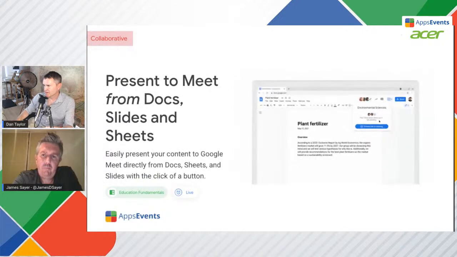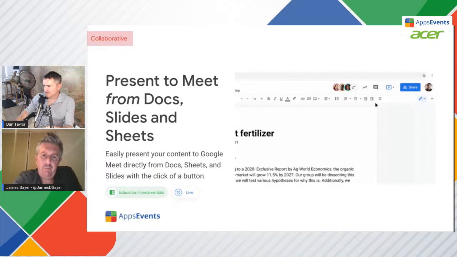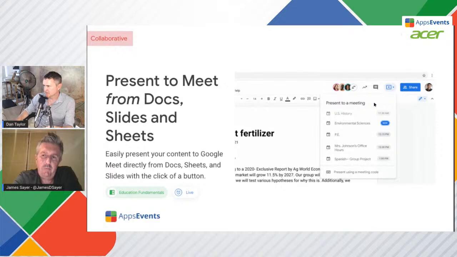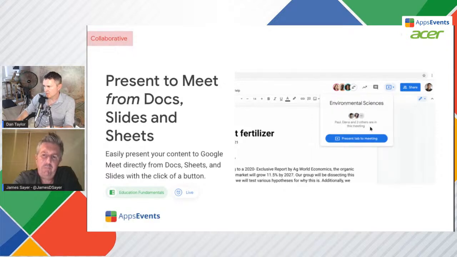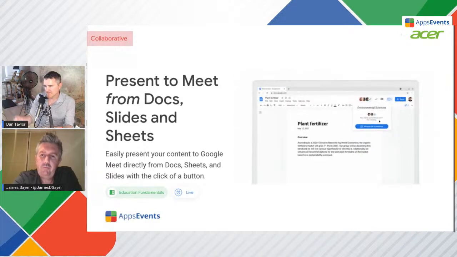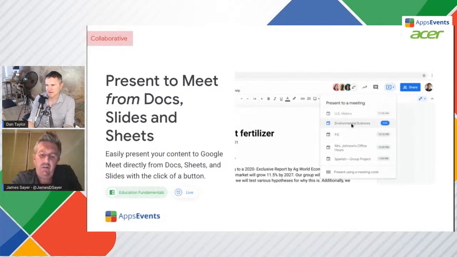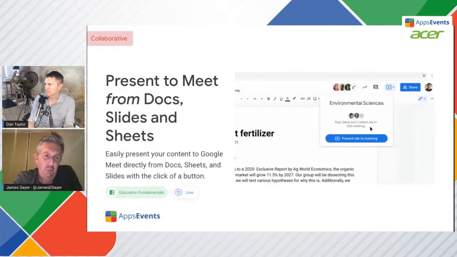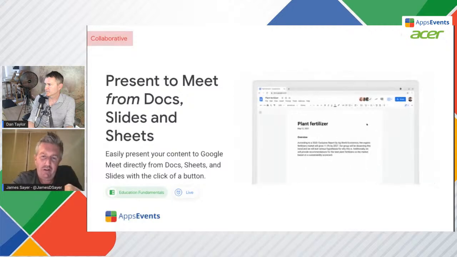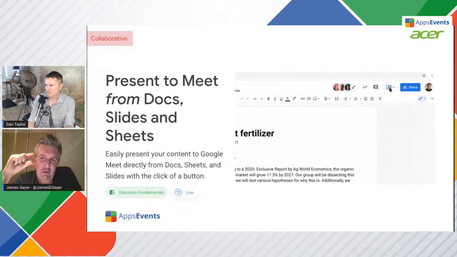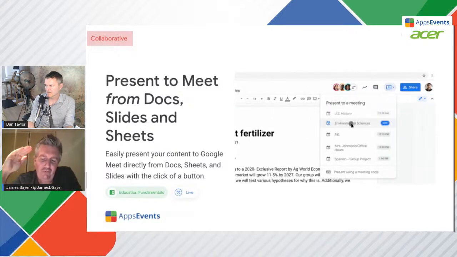So this is really cool. This is now live as well. I haven't had a chance to use this yet, James. I'm not sure if you have, but you can now present to Google Meet directly from within a doc, a sheet, or a slide. Yeah, so you're in your Google Meet, you've got your 50 tabs open, and you're looking for that one tab with your doc in, and the little Meet selector, when you present your tab, lists all of these docs.